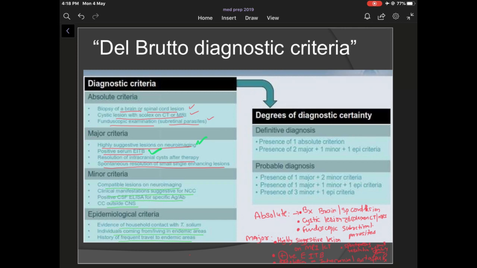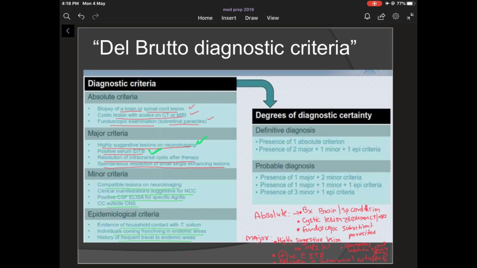Second, clinical manifestations suggestive of neurocysticercosis, which can include altered sensorium, vertigo, vomiting, headache, fever, and so on, depending on the localization of the cyst in the brain parenchyma. Thirdly, the positive CSF ELISA for specific antigen or antibody.